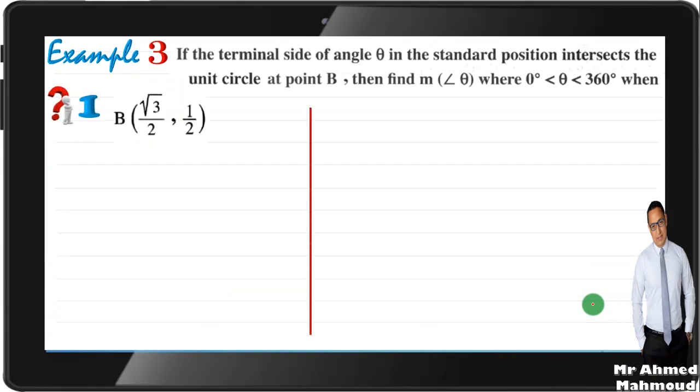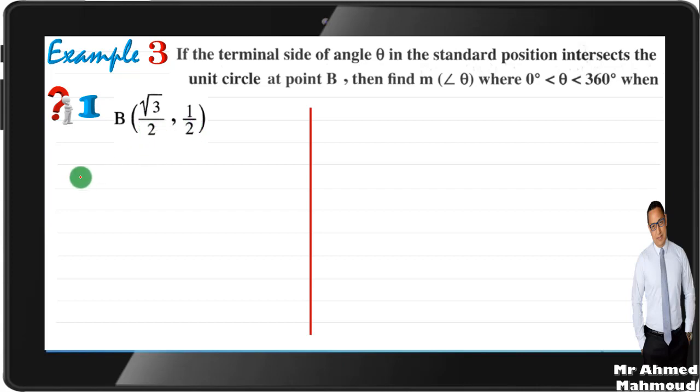If the terminal side of angle theta in the standard position intersects the unit circle at the point B, find the measure of angle theta where theta belongs between 0 and 360. Here, by looking carefully, x is positive and y is positive, so this belongs to the first quadrant. This is cosine theta and this is sine theta.